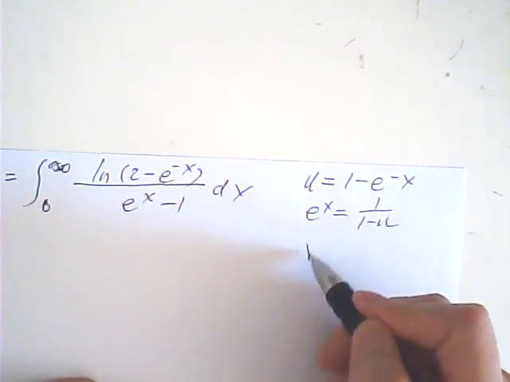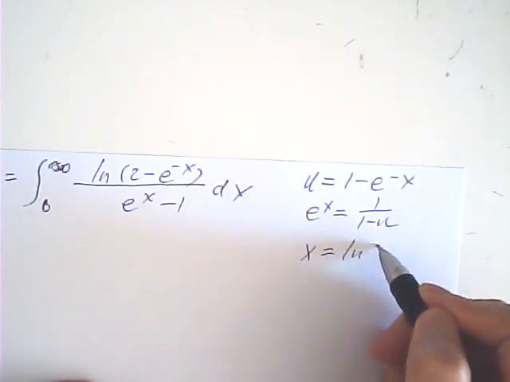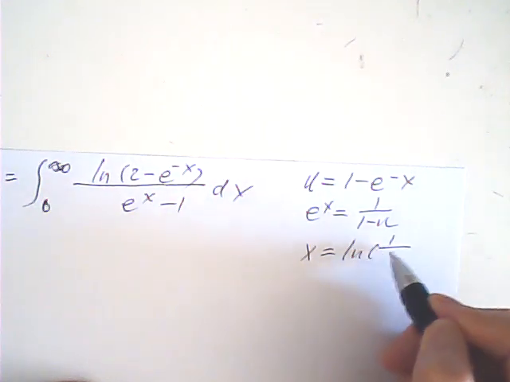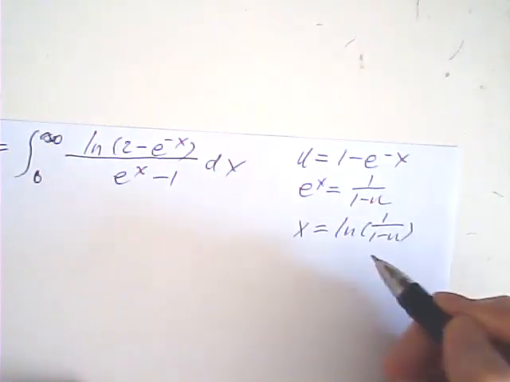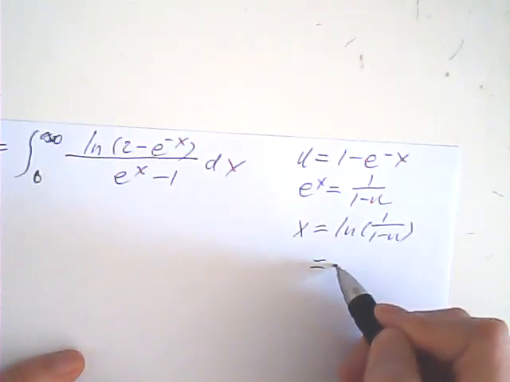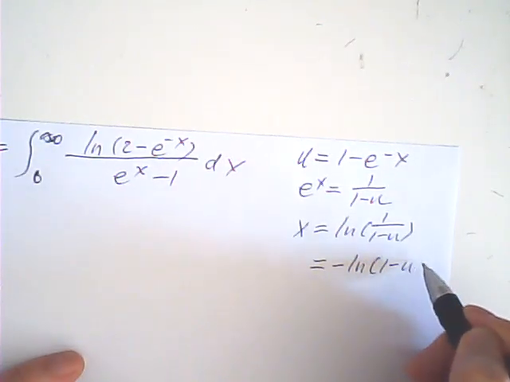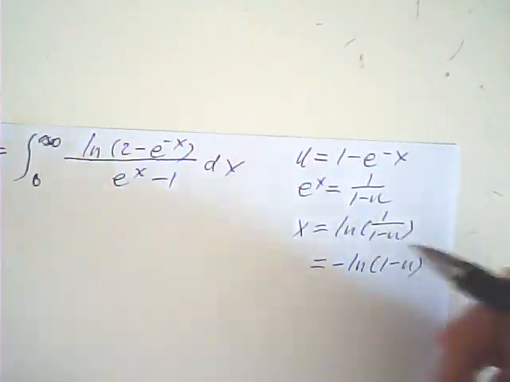So x is equal to log of 1 over 1 minus u. So this one is equal to what? It's a negative log of 1 minus u, right? Yeah, good. All right.